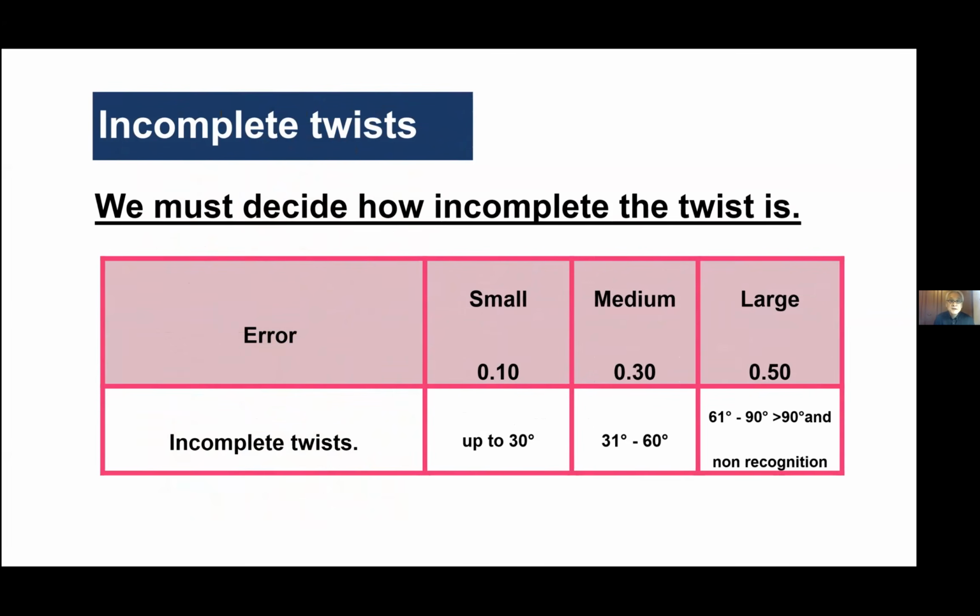Incomplete twist about landing. It's the same list. Small error up to 30 degrees, medium 31 to 60 degrees, large 61 to 90 degrees, more than 90 degrees, non-recognition.